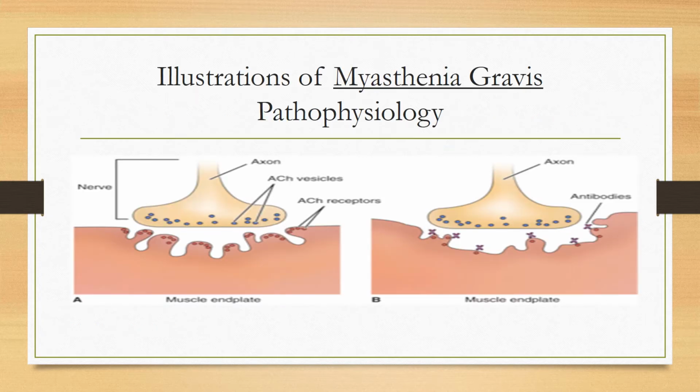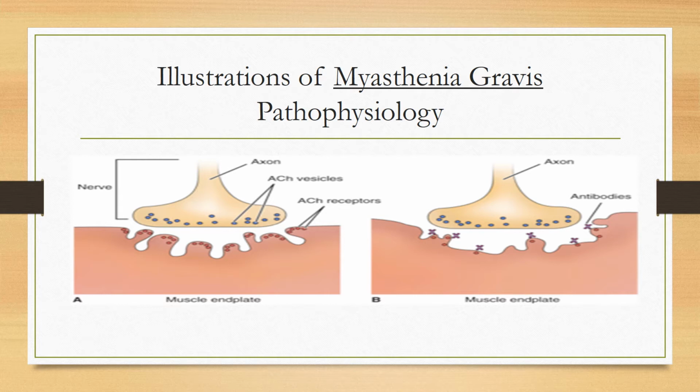And this just shows you an illustration of the myasthenia gravis pathophysiology, where you see the neuromuscular junction, the muscle end plate, and you have those acetylcholine receptors at the muscle, and you have the acetylcholine, which on the left side is working just fine. But on the right side, the B picture, you see those antibodies that have been formed that block that exchange of acetylcholine coming into the acetylcholine receptors.